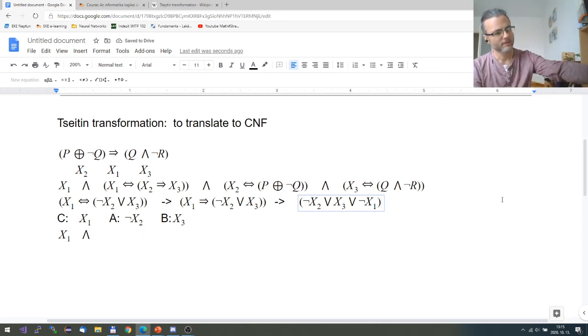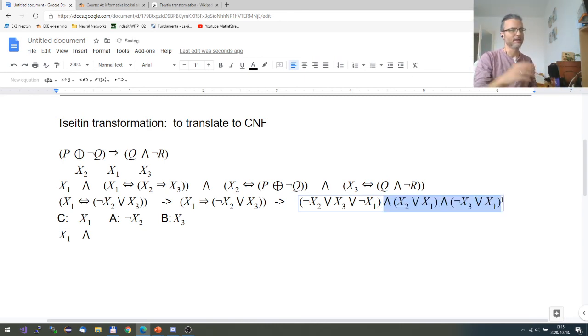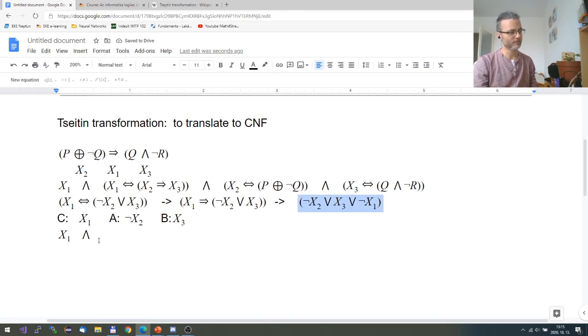Why? It's quite easy to see. If you eliminate the implication here, you get one single disjunction, one single clause, basically. So I got rid of 2 clauses out of 3. And now, this is what I'm going to insert here.